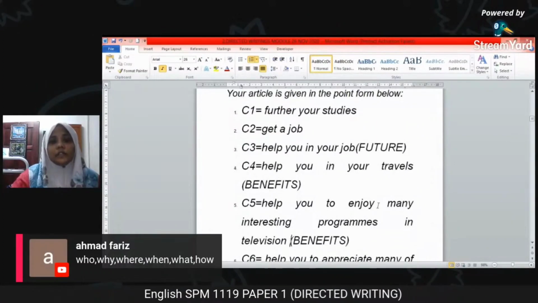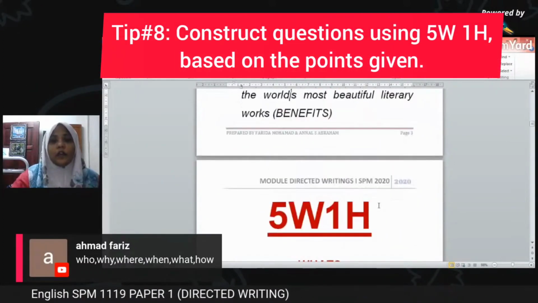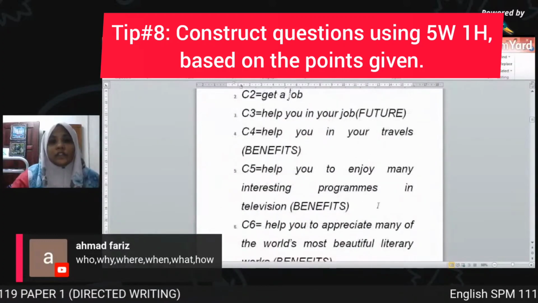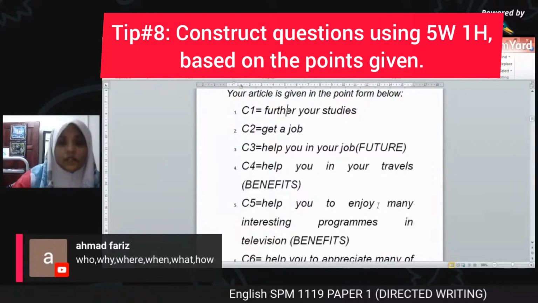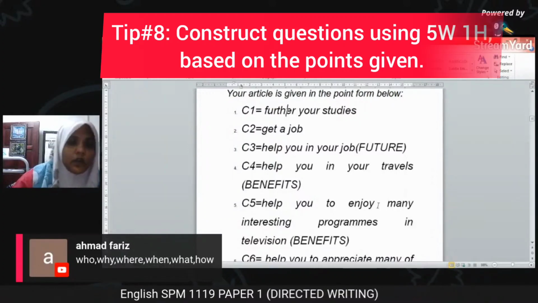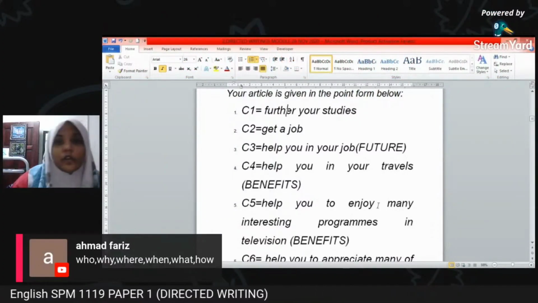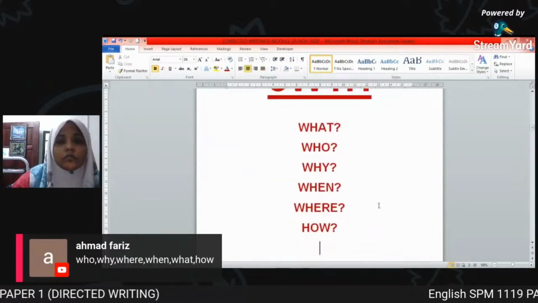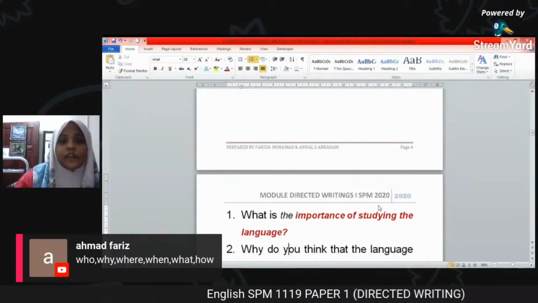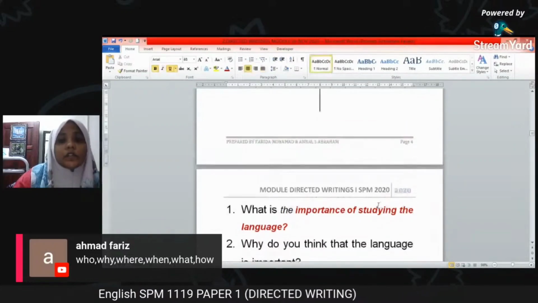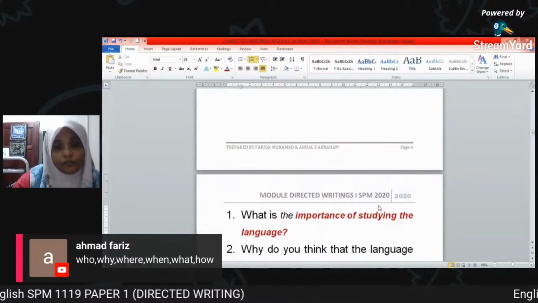You can use the 5W and one H to construct questions based on the points given. For example, okay, here.